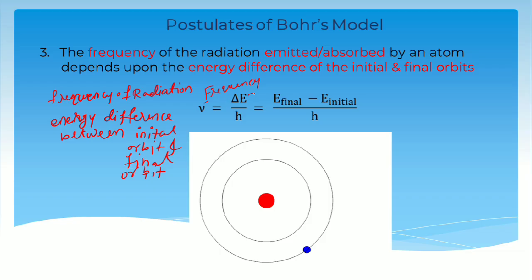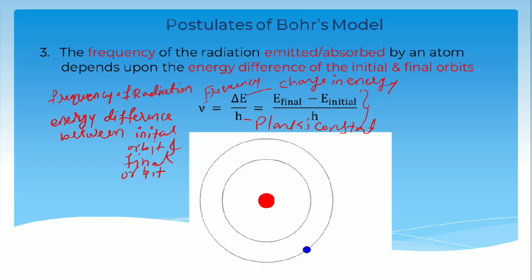Delta E is the change in energy, and h, we know, is Planck's constant. This equation tells us that a larger energy difference produces radiation with higher frequency.